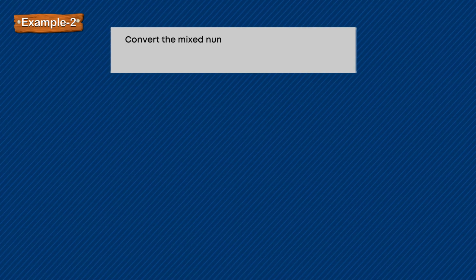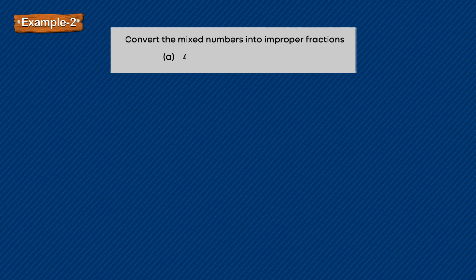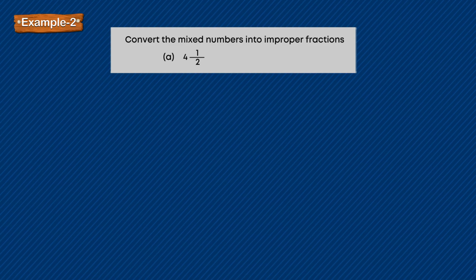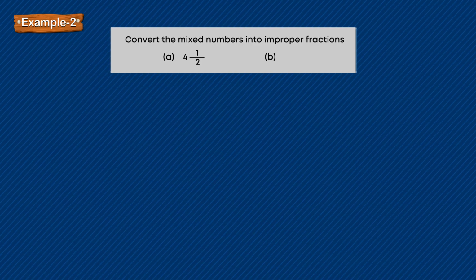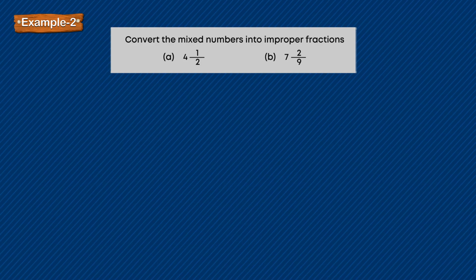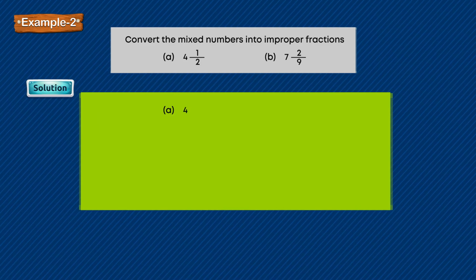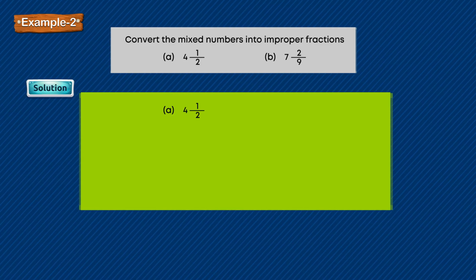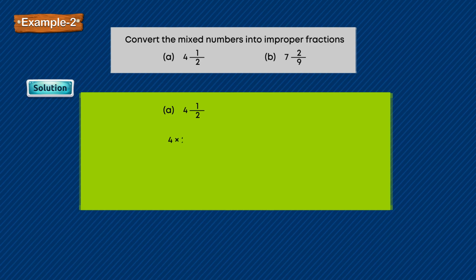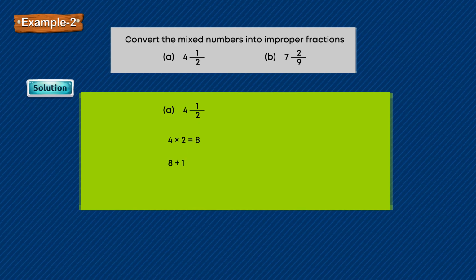Example 2. Convert the mixed numbers into improper fractions. A. 4 1/2. B. 7 2/9. Solution. A. 4 1/2. 4 into 2 is equal to 8. 8 plus 1 is equal to 9.